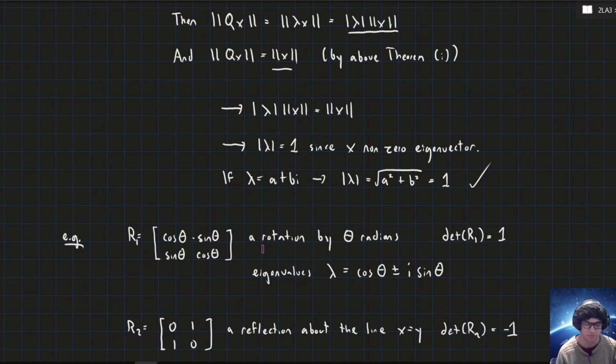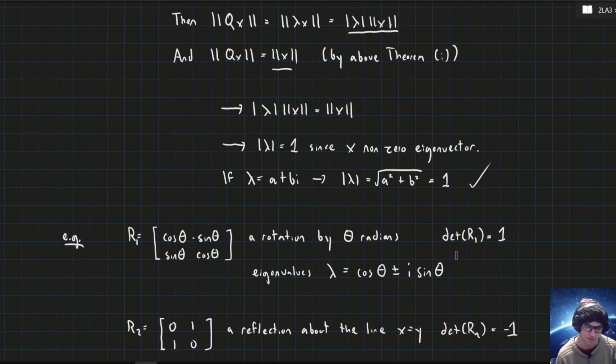Okay, so there's the rotation where you rotate the entire space by some angle, and there are also reflections, known as improper rotations, where you flip the whole space, or reflect the whole space about some line.